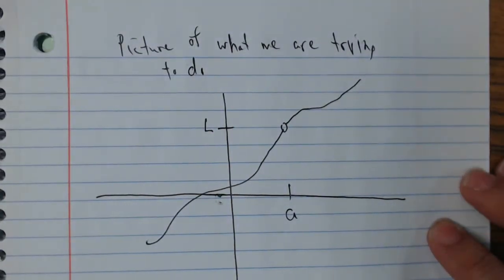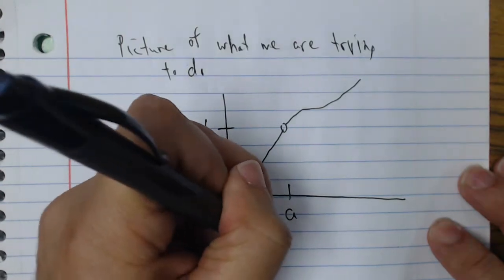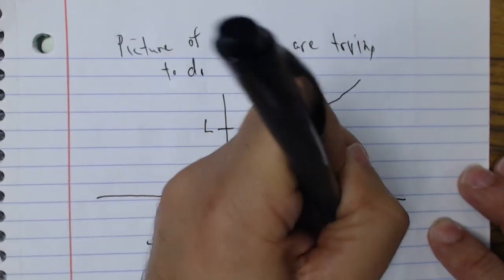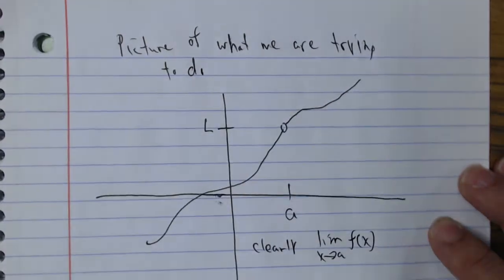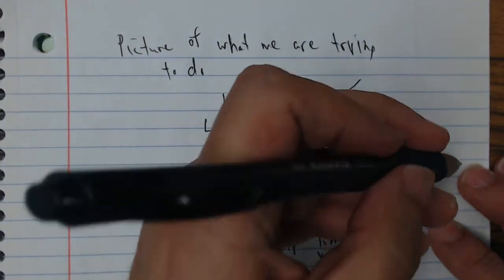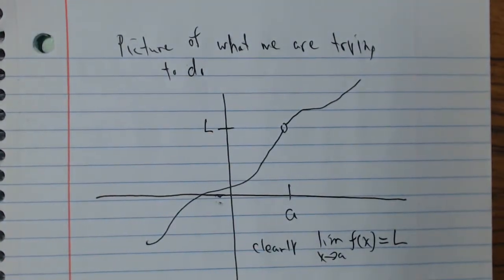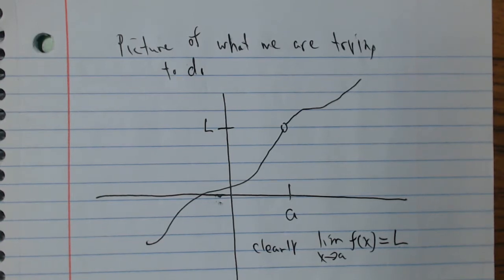So we can say down here, look, clearly the limit as x approaches a of f of x does exist, and it is L. So let's see how the proof that we talked about earlier works the way it does. Okay, so what are we doing?